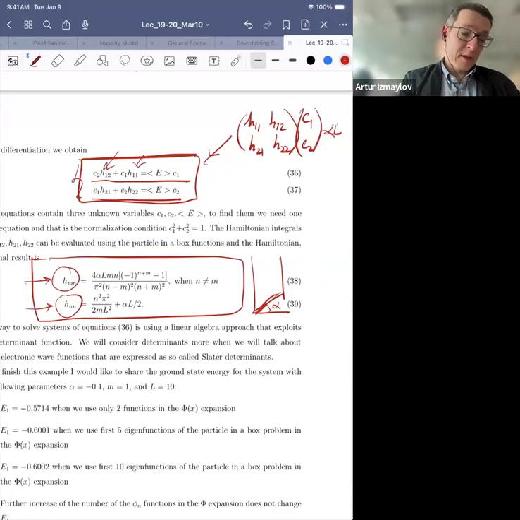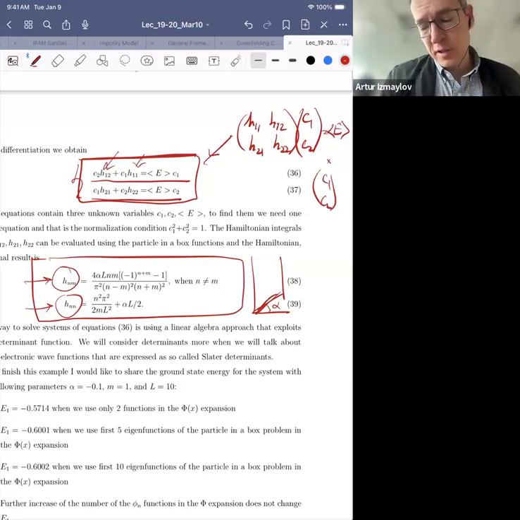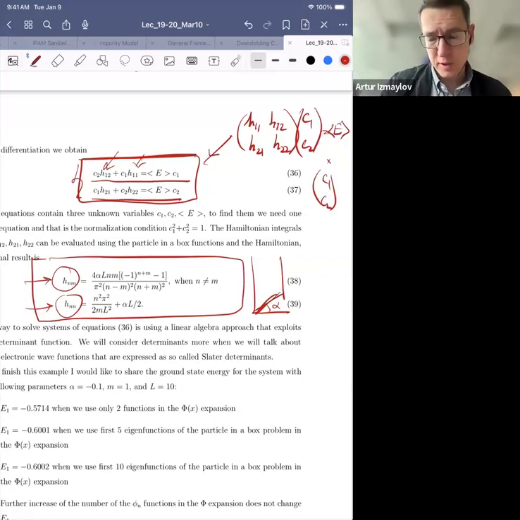Those who didn't study linear algebra, then this is just effectively a problem of solving a linear system of equations with the condition that the coefficients cannot be zero, right?